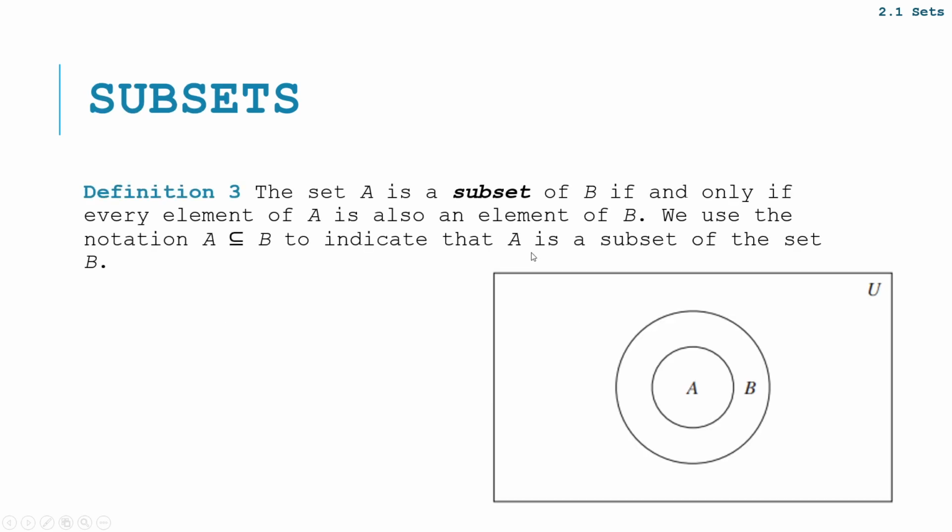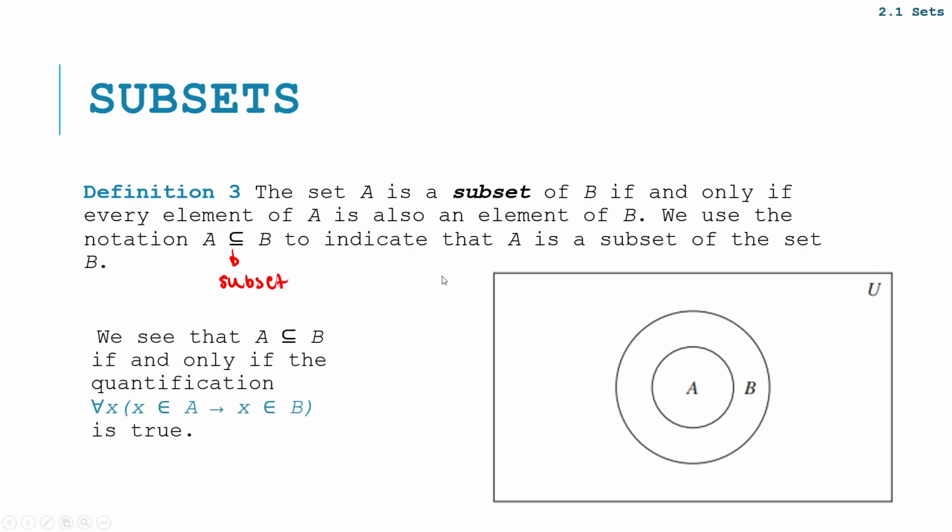A subset is a set within a set. So the set A is a subset of B if and only if every element of A is also an element of B. We use the notation A ⊆ B to indicate that A is a subset of the set B. We see that A is a subset of B if and only if the quantification for all x, x is an element of A implies x is an element of B, is true.